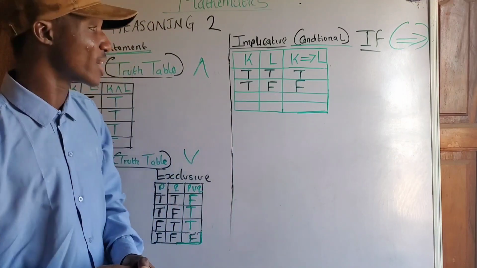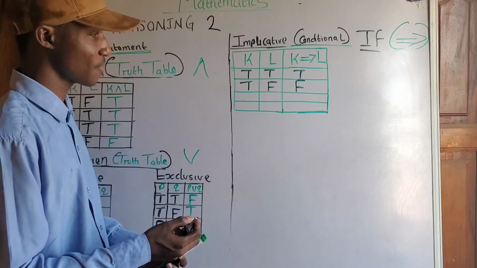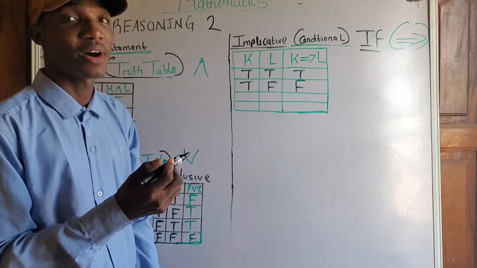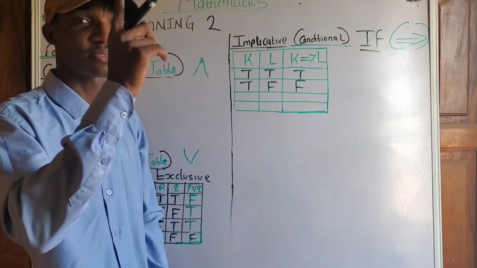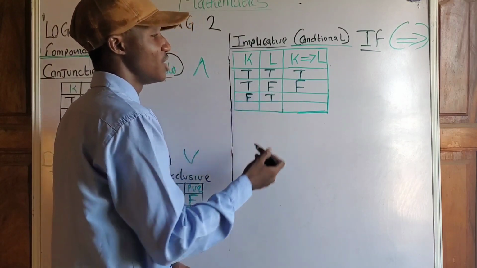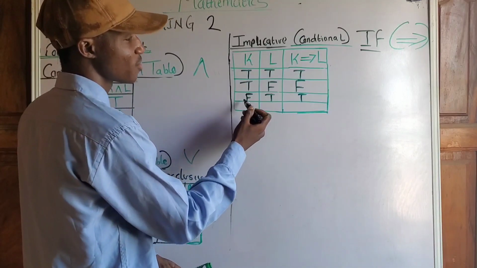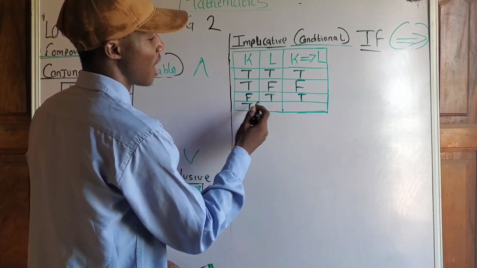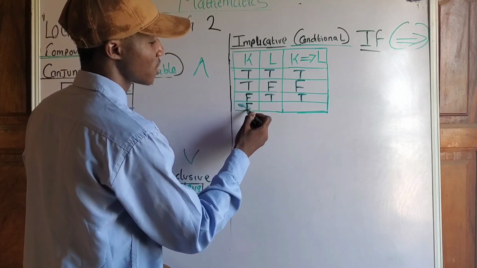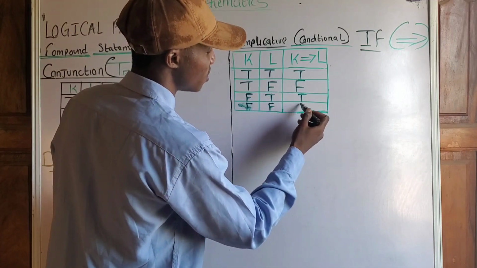Do you understand? Okay, let's look at the third one. If you have a conditional statement whereby the first statement is false and the second is true, the conclusion will be true. And if you have a conditional statement whereby the first statement is false and the second statement is false, then the conclusion will be true.